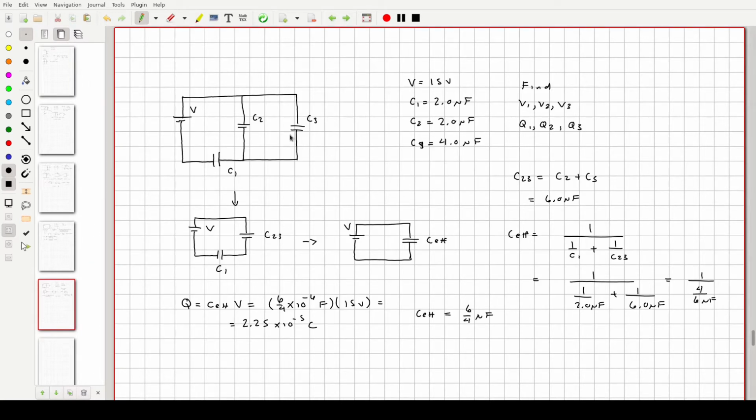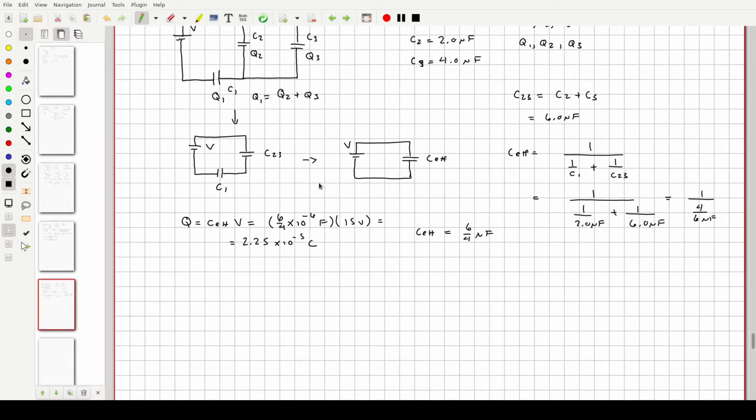So if you're to look, for example, at this would be Q2, this would be Q3. This we'll call Q1, but Q2 and Q3, because they add together and give you something that looks like it's in series like this, those are going to equal Q1. And this C effective is going to equal Q1.